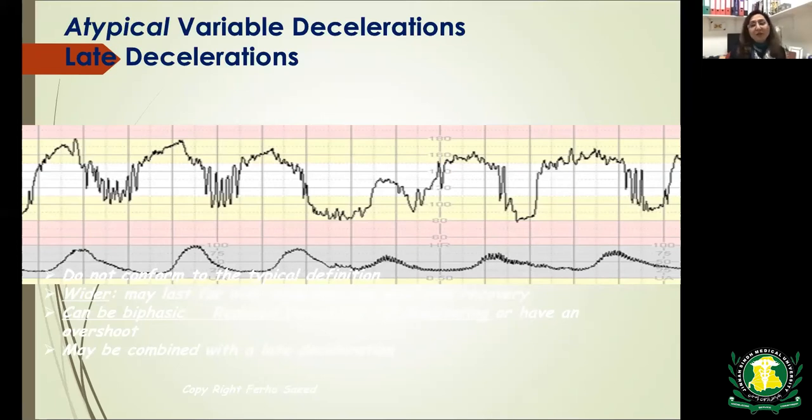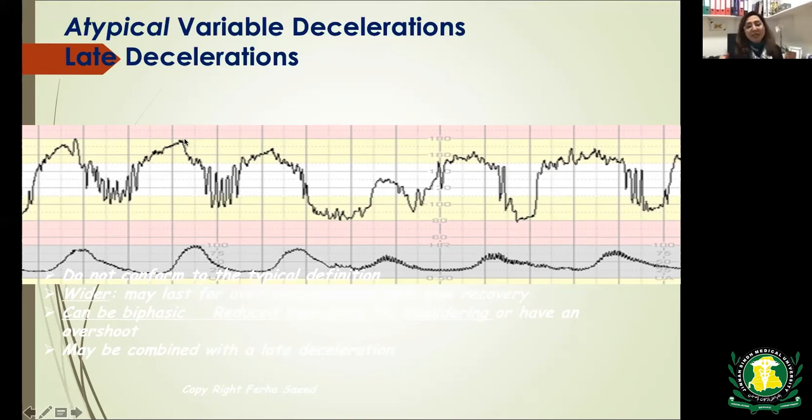The difference here is that this is not related to the contraction and the compression of the cord. Even though the compression of the cord has been released and the contraction has gone, the chemicals have still not gone back to normal. Therefore, this will take some time until the placenta washes out all the chemicals, and the recovery of this deceleration will take a longer time.